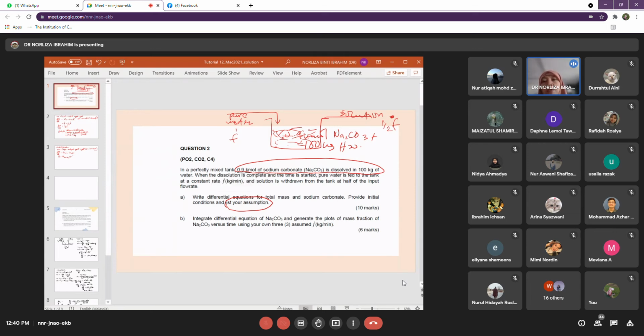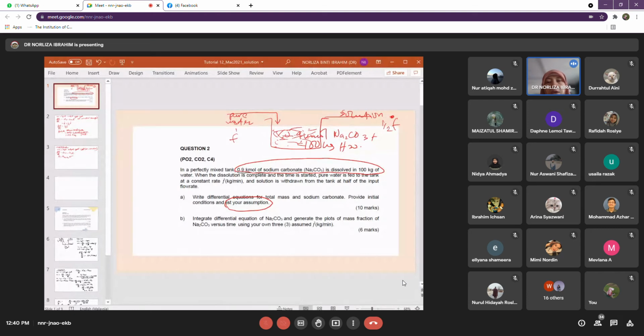But this question is totally different from the one we discussed, and totally different from the example in the textbook. In the problem, this is actually one of the questions that I modified.